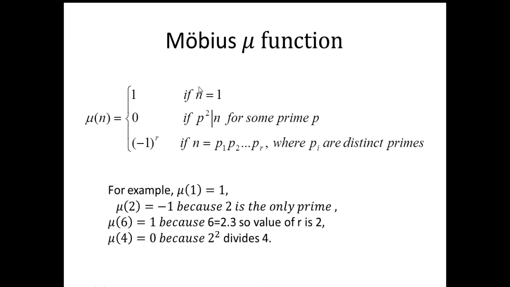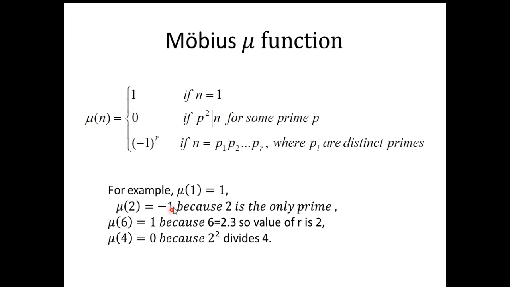Next important definition is the Mobius mu function. It is defined like this: mu(n) is 1 when n is equal to 1, mu(n) is 0 if p square divides n for some prime p, and it is equal to (-1) to the power r when n is square free, that is n is equal to p1 into p2 into pr, where the pi's are distinct primes.